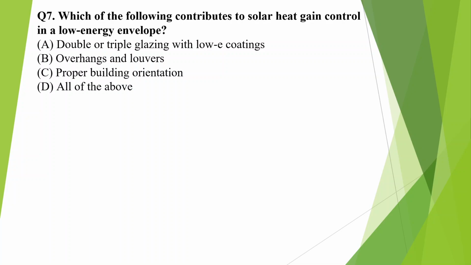The building envelope can use double or triple glazing with low emissivity, Low-E, which refers to the emissivity coating, or overhangs, louvers, or proper building orientation. All of these contribute to solar heat gain control in low energy envelopes. That's why option D was the correct answer for question number 7, and all of you marked it correctly.